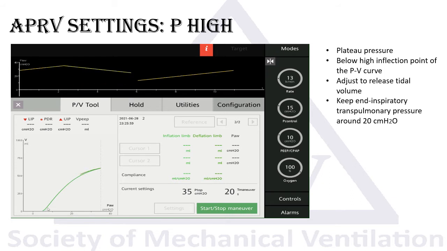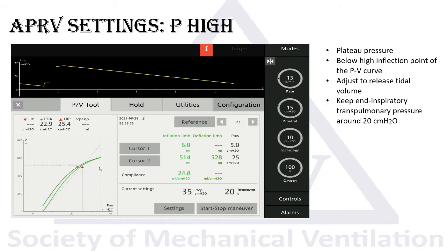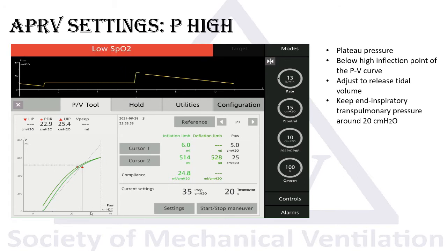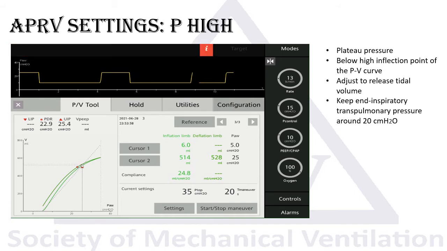For this example, the patient is passive, then we switch to APRV. Here you can see there is this peak, so if you put him at more than 30 P high, now you're developing that peak, which means it's too much pressure. So you try to get it at the high inflection point, which is around, in this case, around 30.